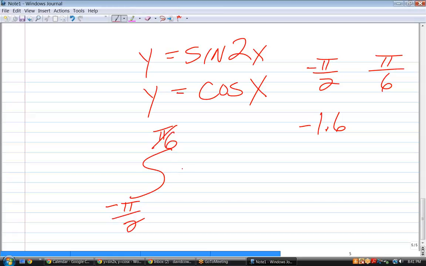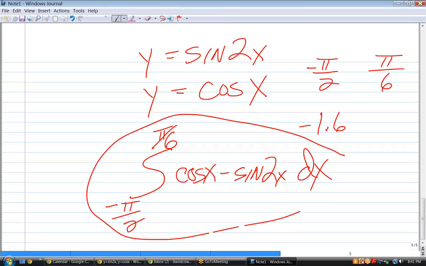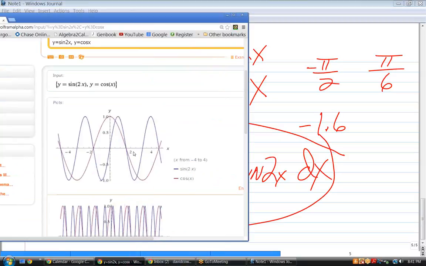No, because I don't think it's on top in that whole range. Maybe it is. I'm going to have to look. In other words, that would be correct if cosine was on top the entire time.